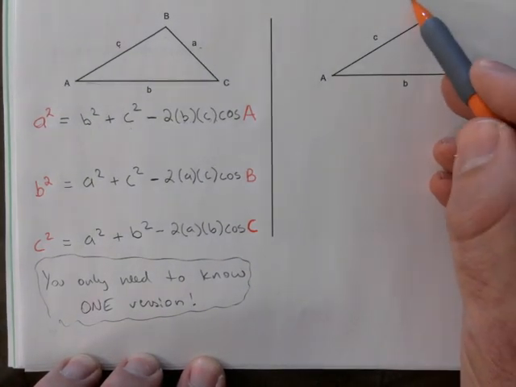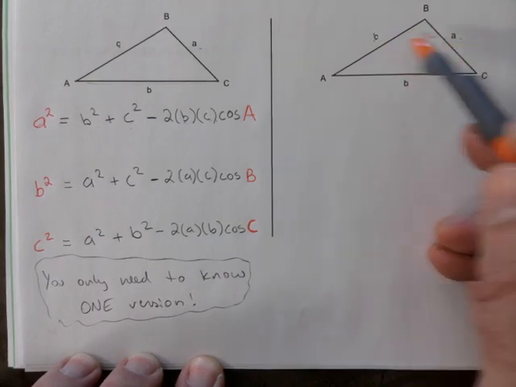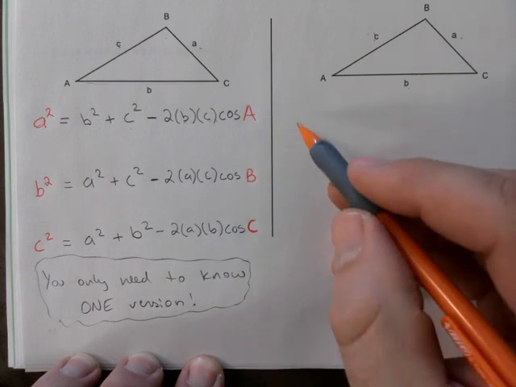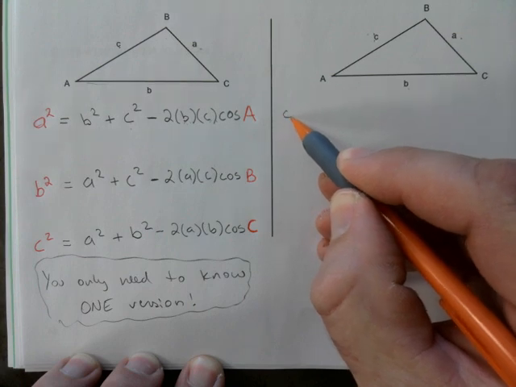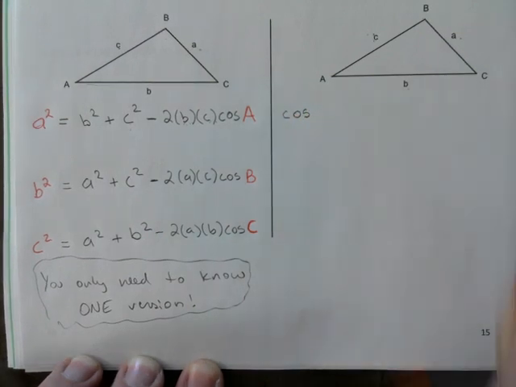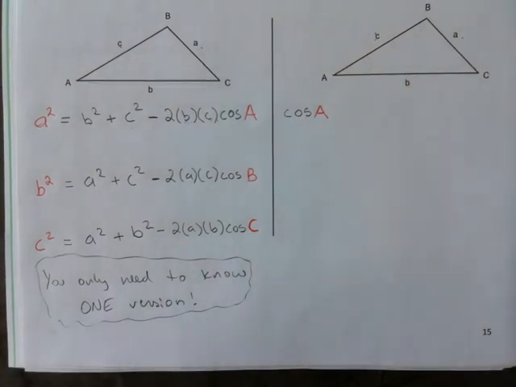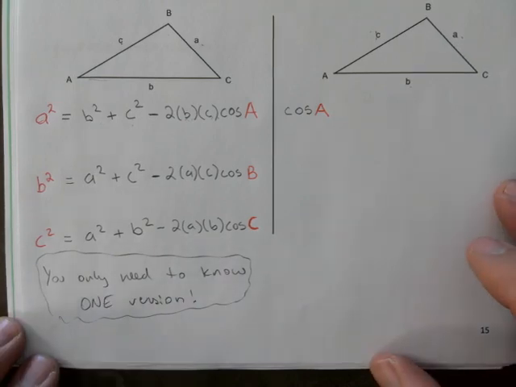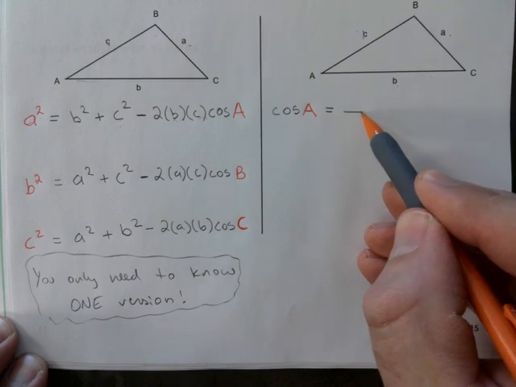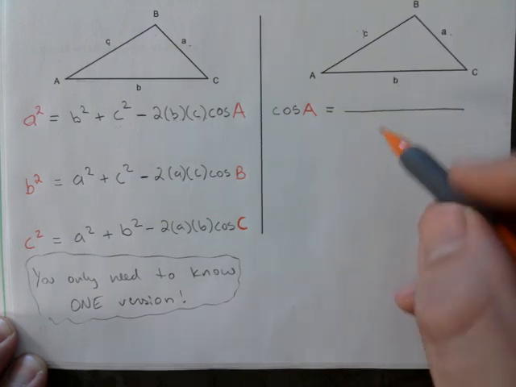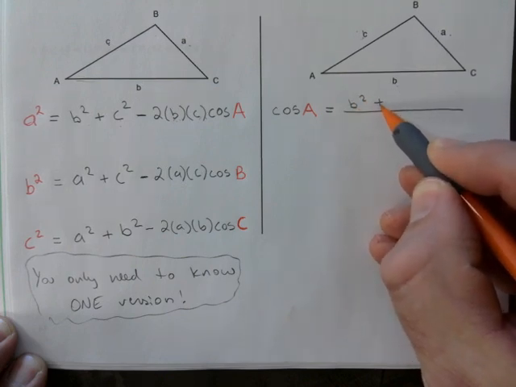Next, side, side, side. Remember, in this scenario, you would know every single side. Okay, that would be a number. This is how you do that one, guys. You ready? You would have to start your formula like this: cosine of angle A, let's say that's the one you want to find first, is equal to, you put a long line like that, B squared plus C squared.